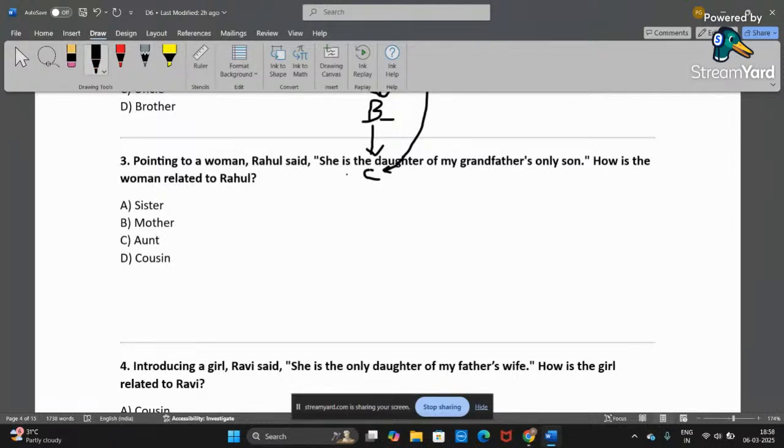Pointing to a woman, Rahul said, she is the daughter of my grandfather's only son. What is the answer? Just analyze and tell. What is the answer for the third one?